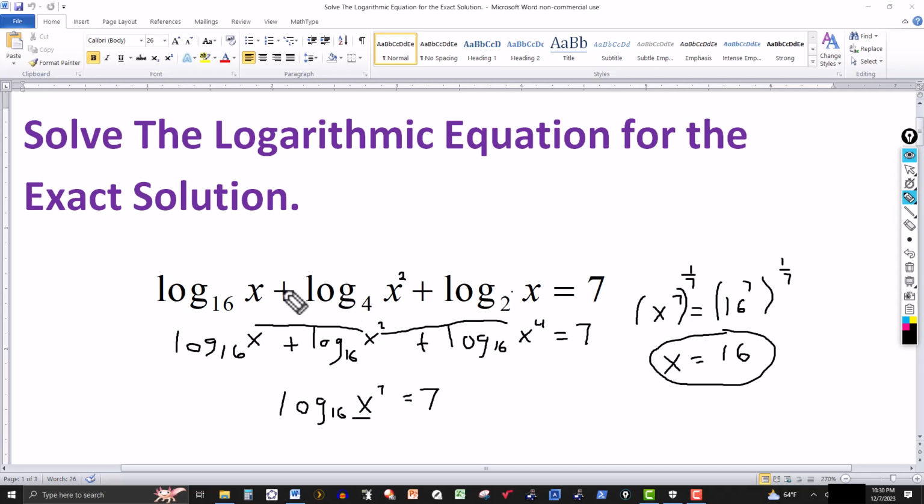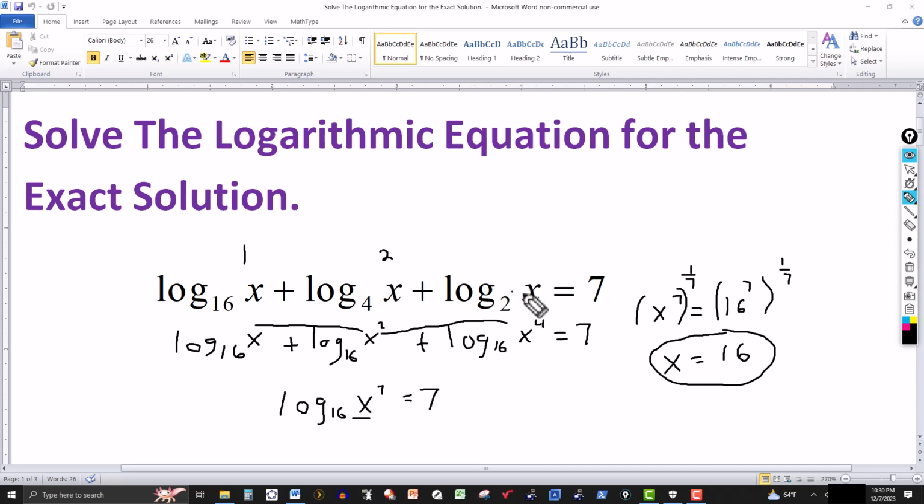And you can check this out. So just a quick check here. I put a 16 here. The log of 16 to base 16 is 1. And then for the second log, log of 16 to base 4, that's going to be 2, because 4 squared is 16.